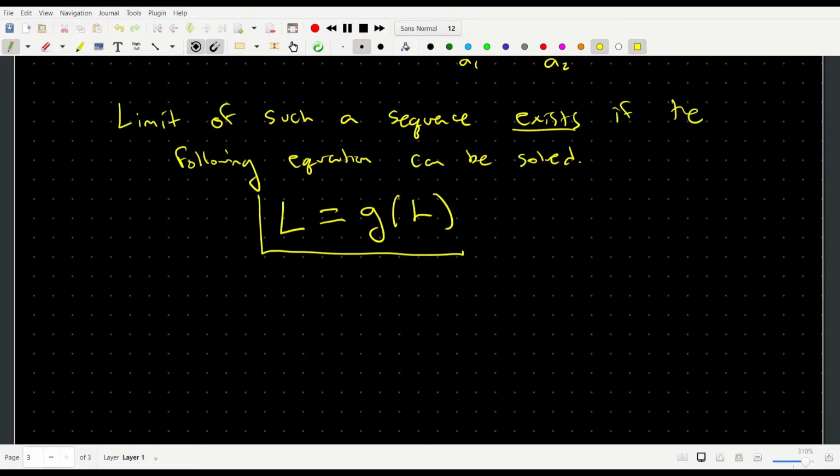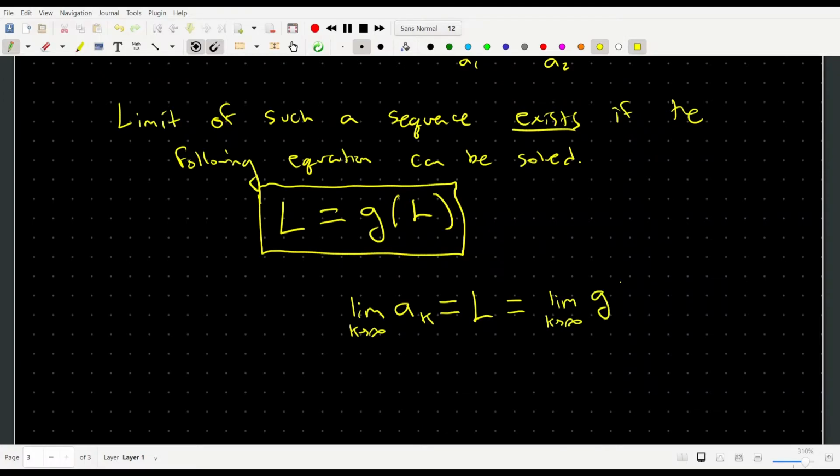This equation is coming directly from the process of taking a limit of the sequence, and if this limit exists, then this is going to be equal to L, but this is the same thing as taking the limit as k goes to infinity of g of a_{k-1}.